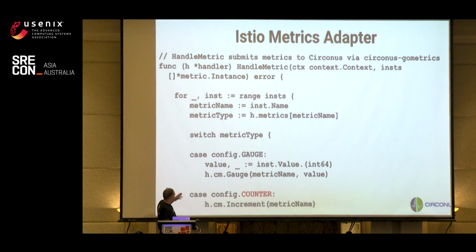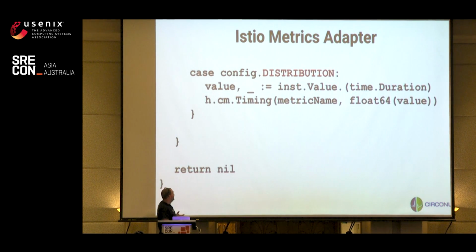And then it takes that metric and it uses the telemetry client embedded within that handler object h.cm to basically record that value. So the amount of code it took to implement this in the end was actually very little.